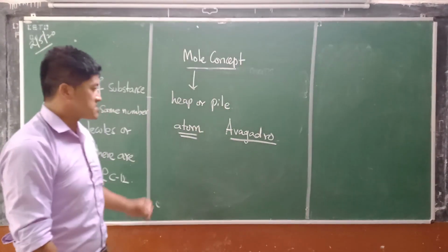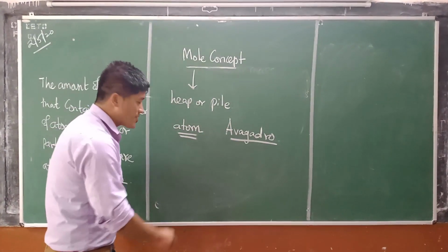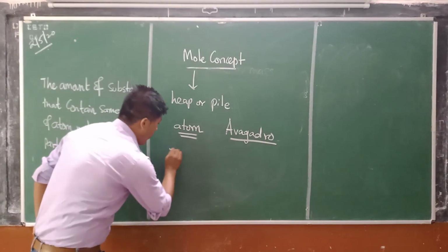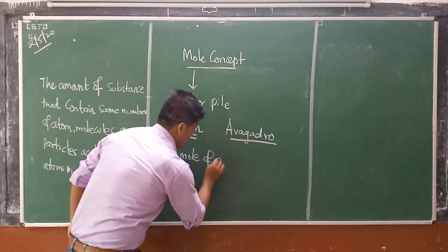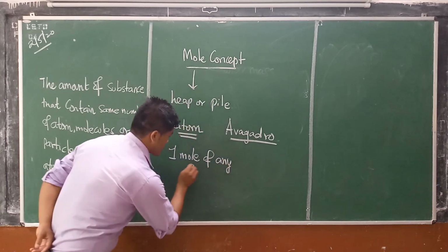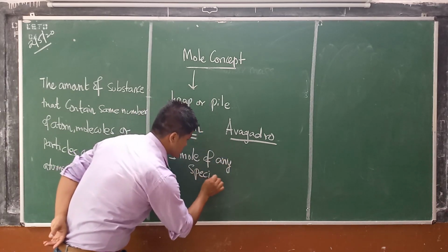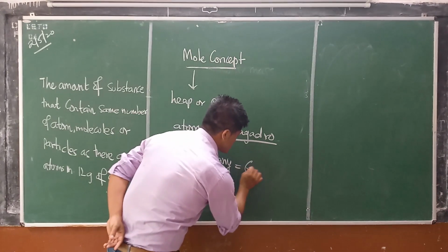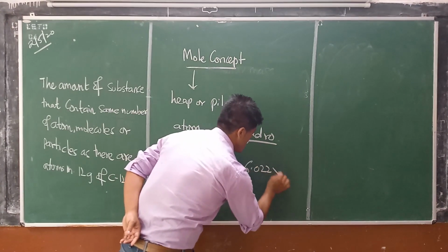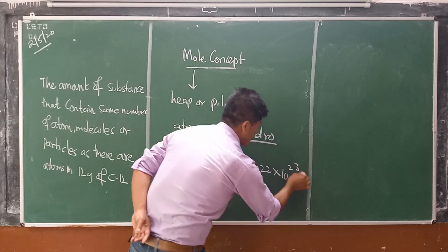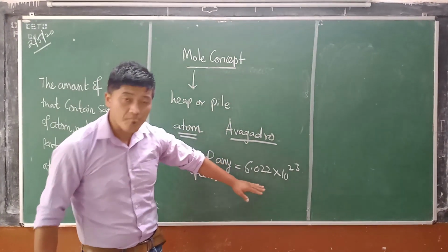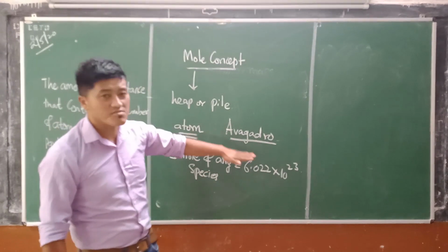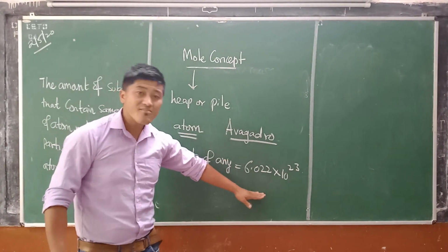He researched and gave a conclusion that one mole of any species is equal to 6.022 into 10 raised to power 23. Now this is a number. This number was given by Amedeo Avogadro, which is why this number is also referred to as Avogadro number.